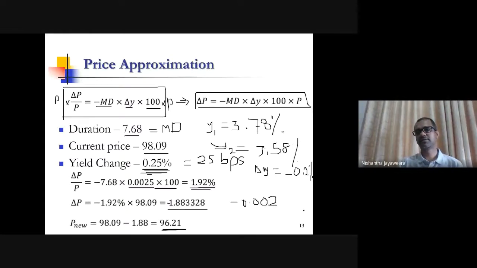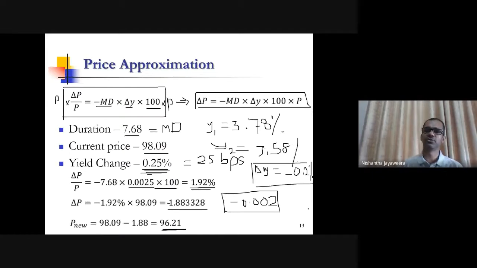That is something you have to be careful about when you do the calculation. Definitely you will forget to include this minus sign. It is okay if you don't use this negative sign, but whatever the change, you should be able to interpret whether it's a plus or a negative.